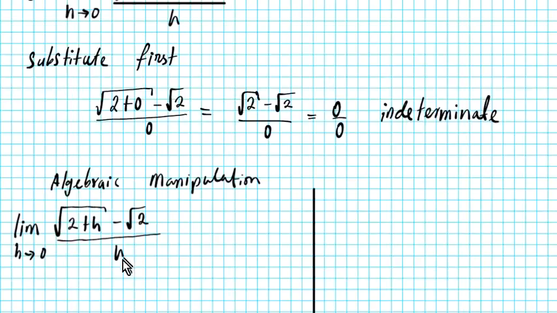Anytime you have radical components, the approach is rationalization. In this case, we are going to be rationalizing the numerator. To do that, we multiply the numerator and the denominator by the conjugate of the numerator, which is root 2 plus h, with the sign inverted, plus root 2.